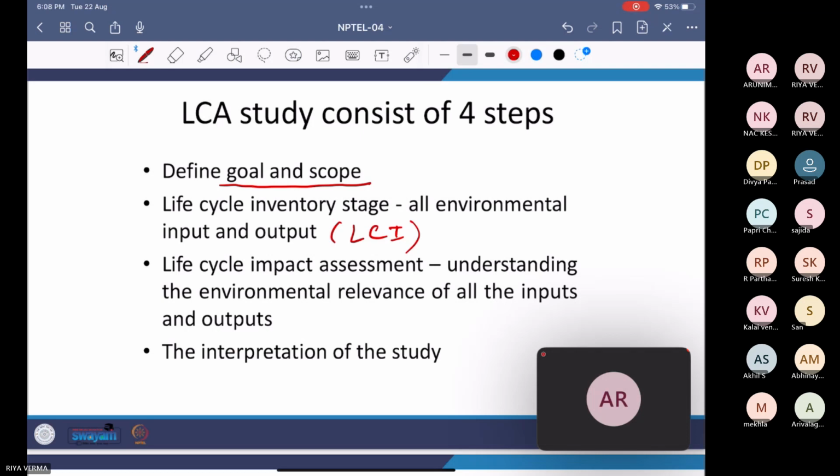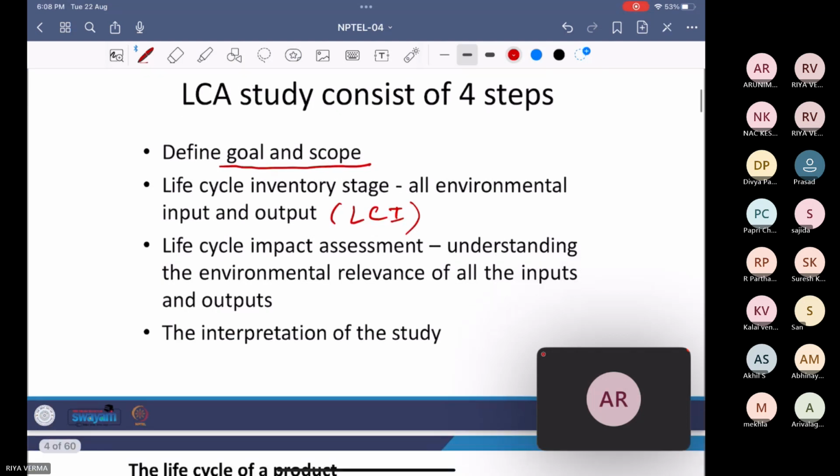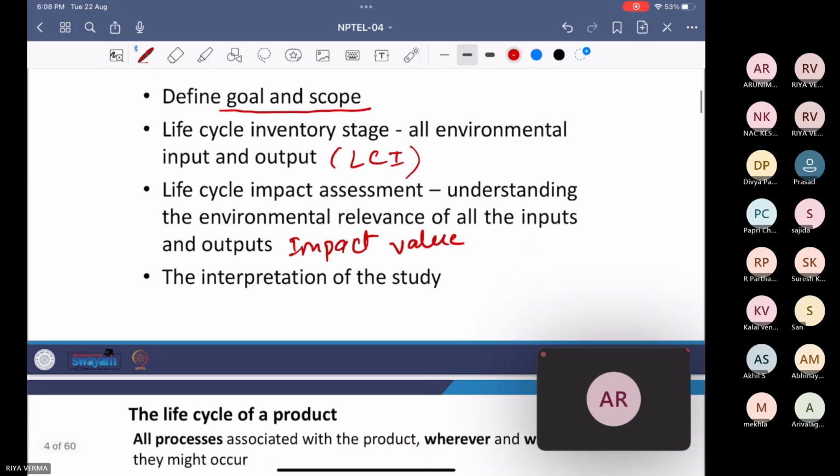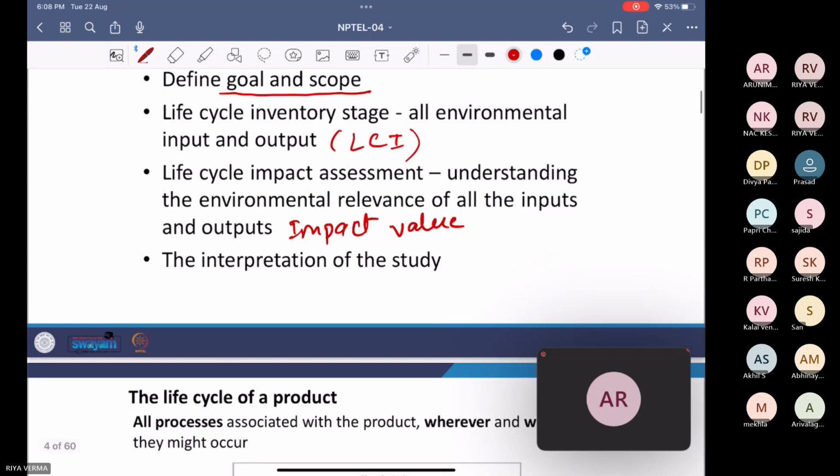All such things we look into in this life cycle impact assessment. And after that, when we get the impact as a single value, then we interpret the results of the study, and finally we give the conclusion, like which product is better.